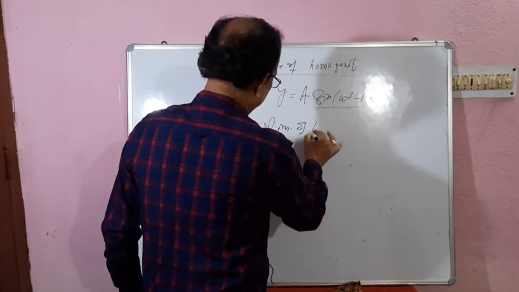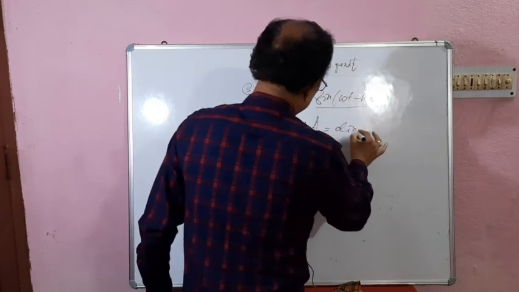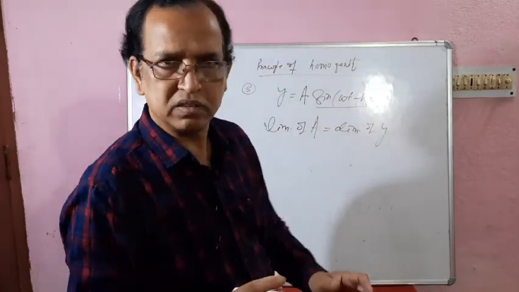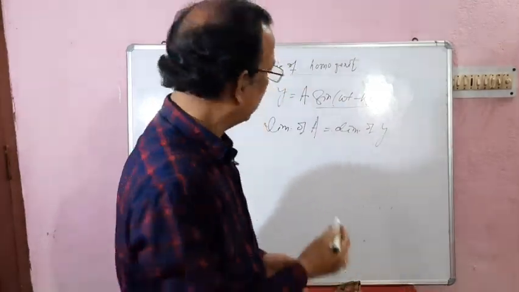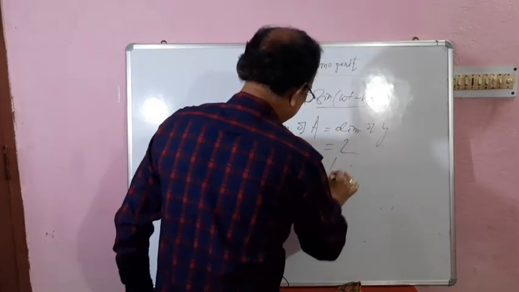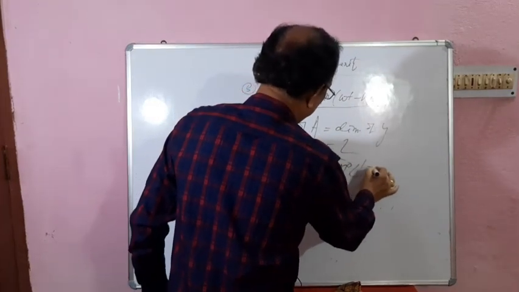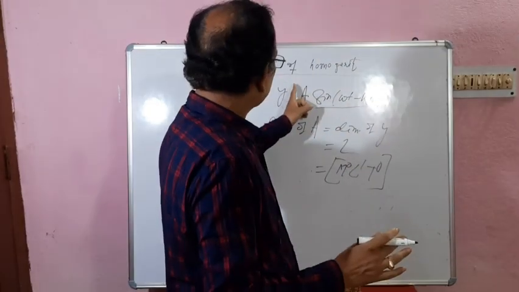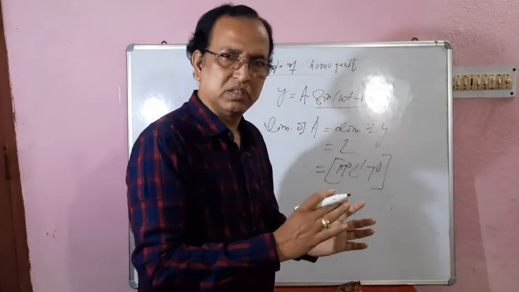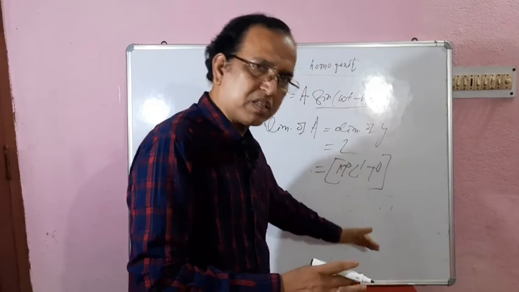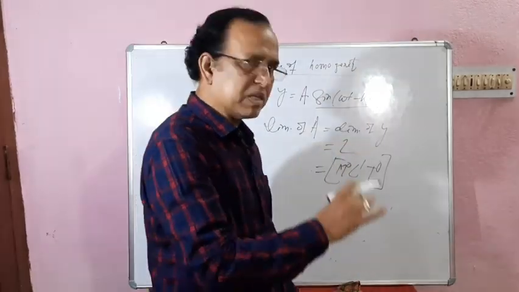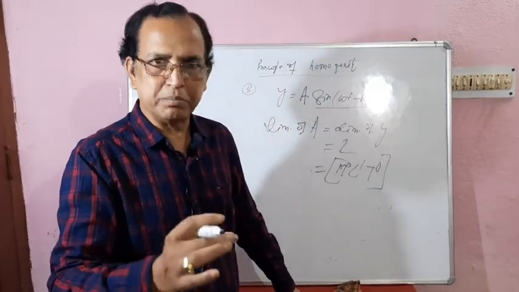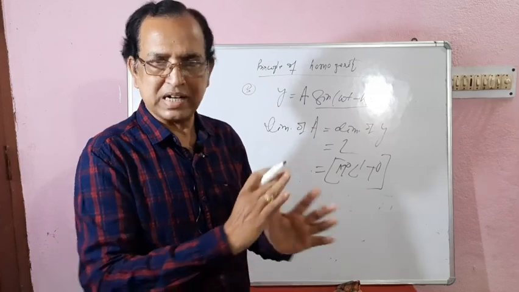Y is a displacement, so dimension of y is L. So dimension of a is equal to m0 L1 t0. This is all about the principle of homogeneity, which is clear by the help of these examples. That means this principle states that the dimension of each term of an equation must be equal. That's all. Thank you all.